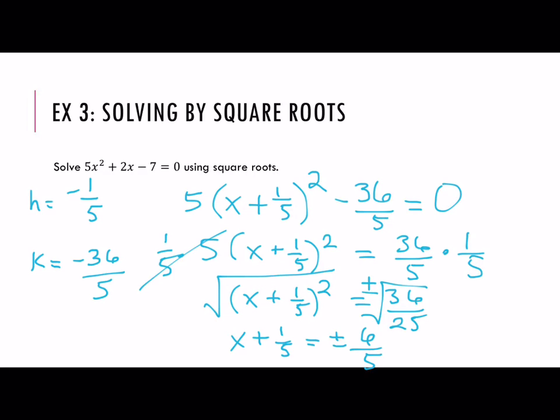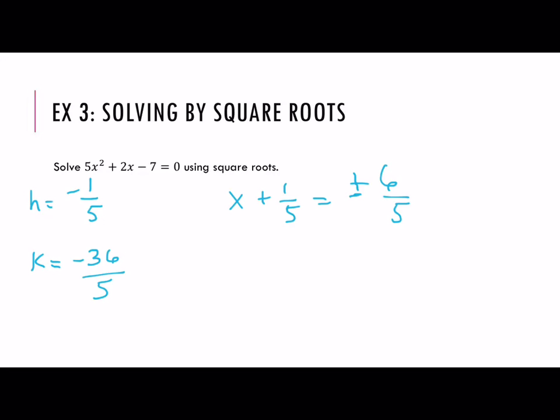So we have x plus 1/5 is plus or minus 6/5. And now we want to subtract 1/5 to get x by itself. And that always goes in front of the plus or minus sign.